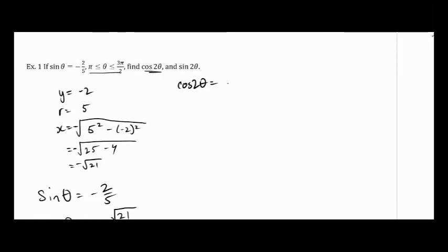Cos 2 theta, in this case, we have 3 choices. It doesn't matter which one we use. Cos 2 theta is cos squared theta minus sine squared theta. Let's do this one.